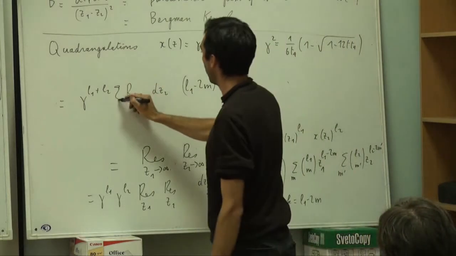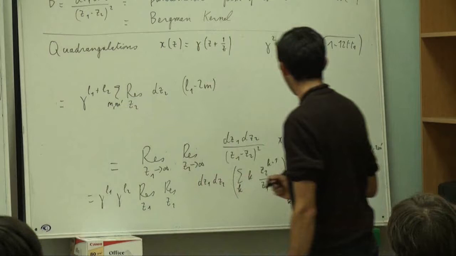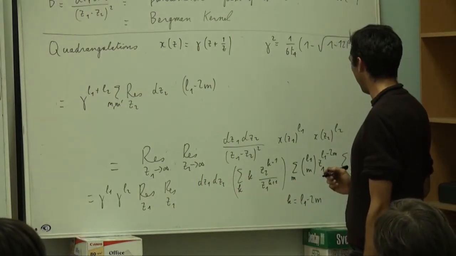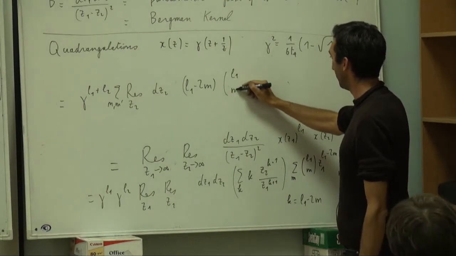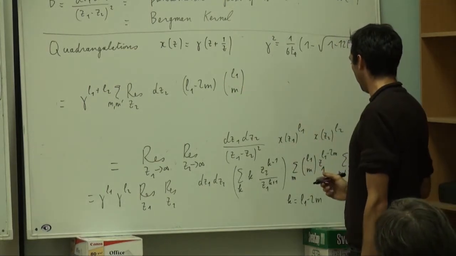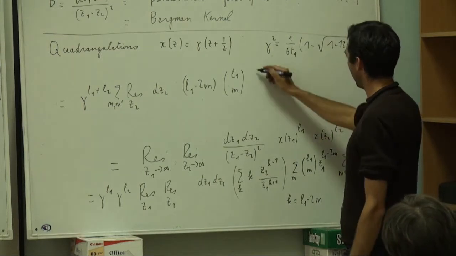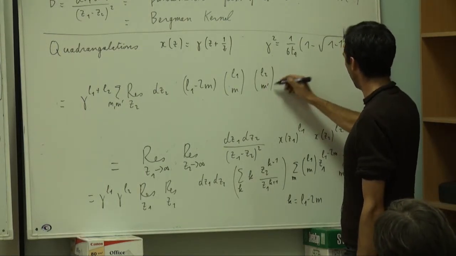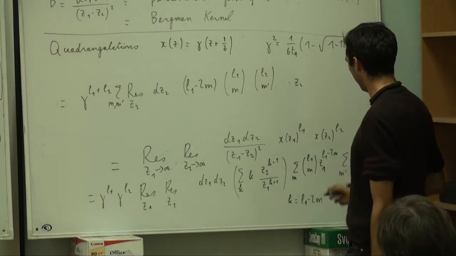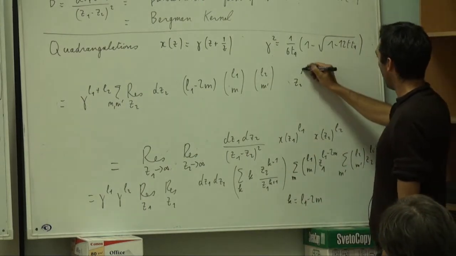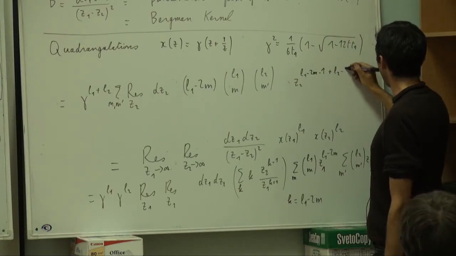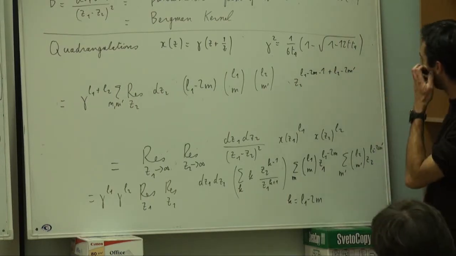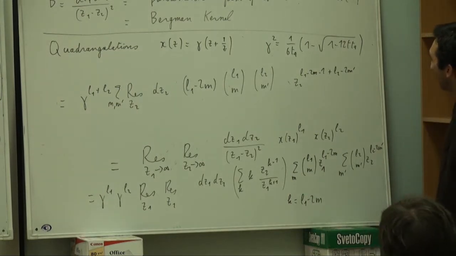We had the sum over m and m prime, with the factor L1 minus 2m, then binomial(L1, m), and we are left now with binomial(L2, m'). And we have z2 to the power L1 minus 2m minus 1 plus L2 minus 2m'.